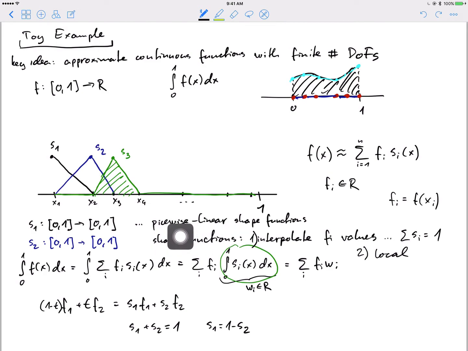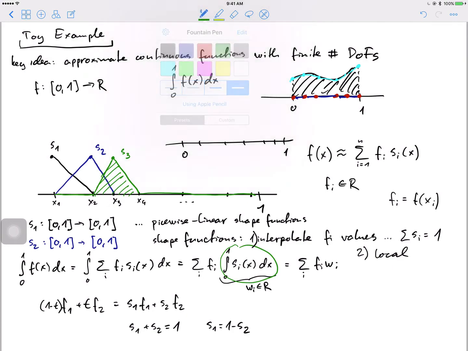Any functions will do. They can also be piecewise constant, by the way. So piecewise constant would mean that if I have an interval from 0 to 1 and I chop it into some pieces, the piecewise constant is actually even simpler. I like the green one, so I'll keep using the green one.